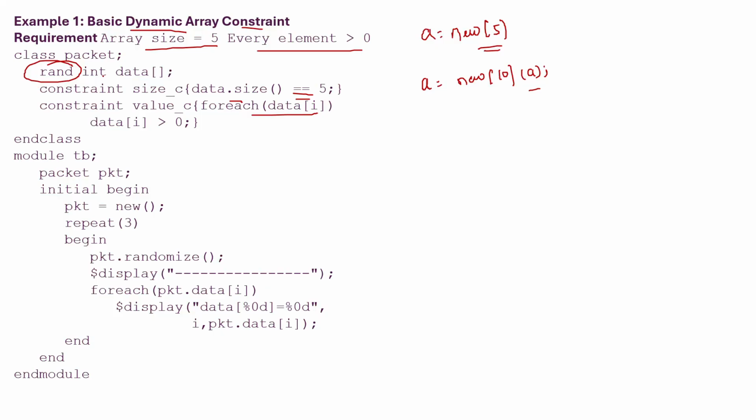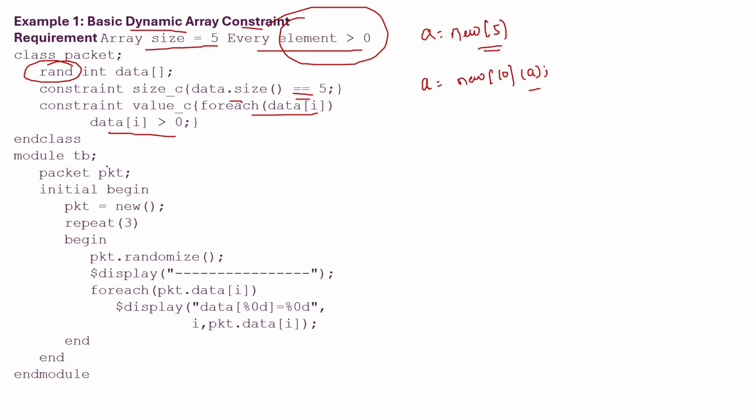Integer means 2 power 32 values it will come, but size you mentioned 5 only, right? Only 5 values will get generated. Okay, so data of I greater than 0. Condition is mentioned that elements are greater than 0.